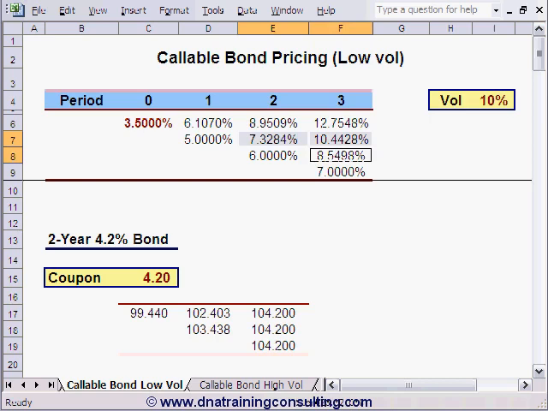So to illustrate, it is deemed 50-50 probable that the 7.3284% in cell E7 will migrate a year later to either 10.5444.28%, or to 8.5498%.